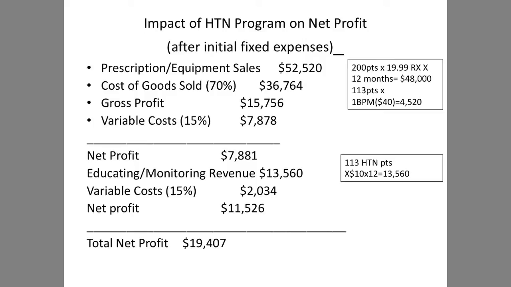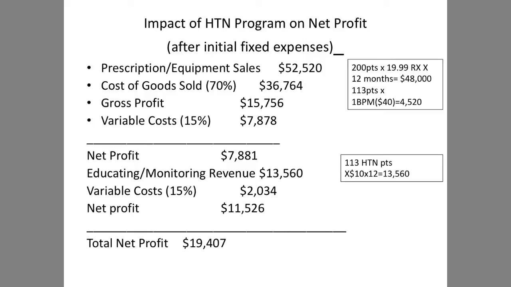Now, I've talked to you in the past about doing collaborative practice agreements with physicians, and so you could do that too. So say you're doing a chronic care management program with a physician, and say the average reimbursement per month for that chronic care management is $45, and say that you come to an agreement with the physician, because the physician's still billing it, that you're going to take 30% of that.